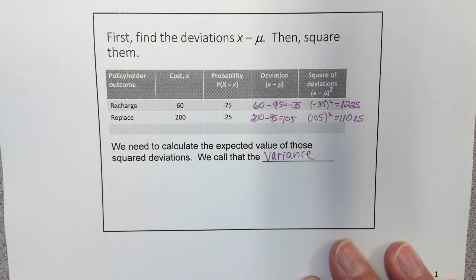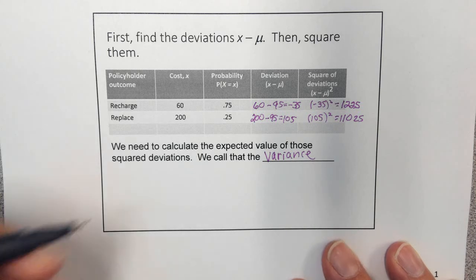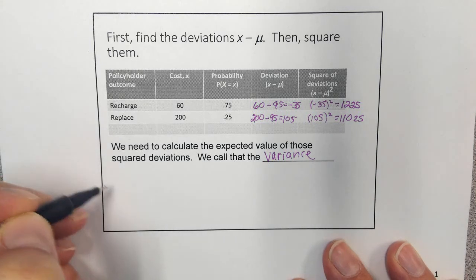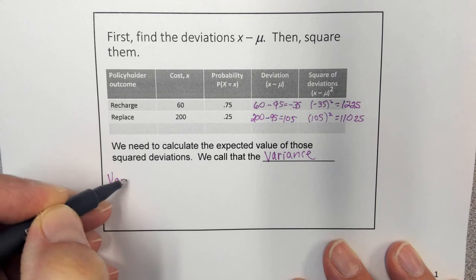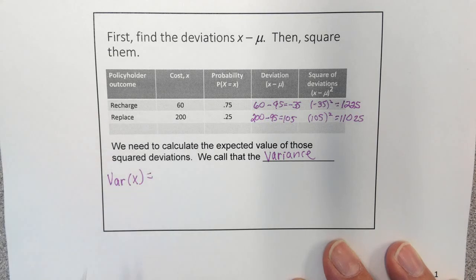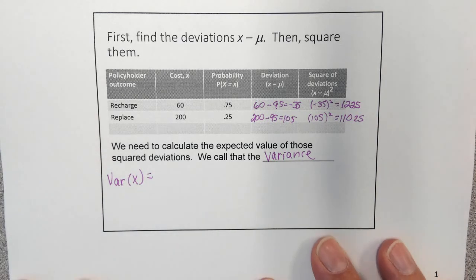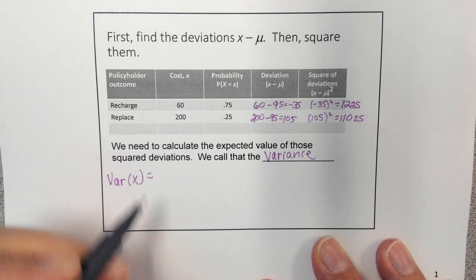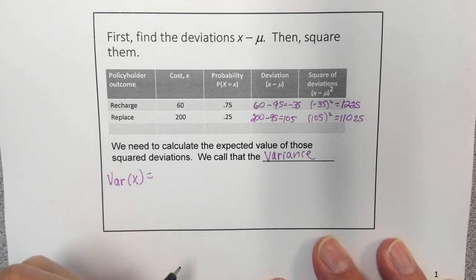So we're going to actually average with weights those distances from the mean, those displacements. All right, so let's call that variance. So how about VAR of x? So we'll use VAR for an abbreviation for variance. There is actually a Greek letter for that. We'll come back to it. We'll just do a little bit at a time.